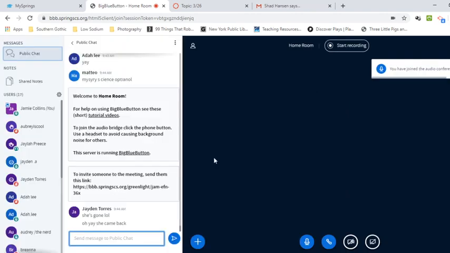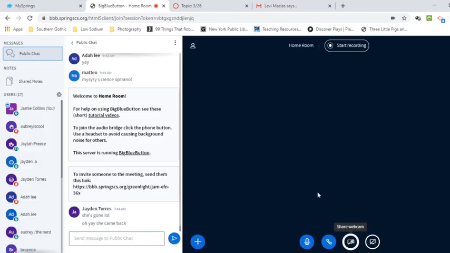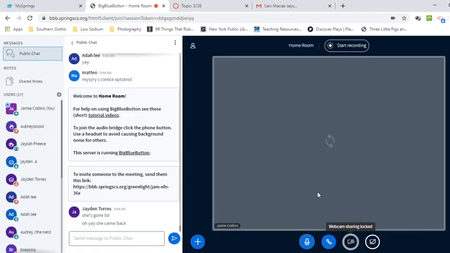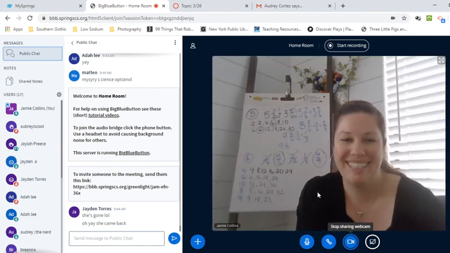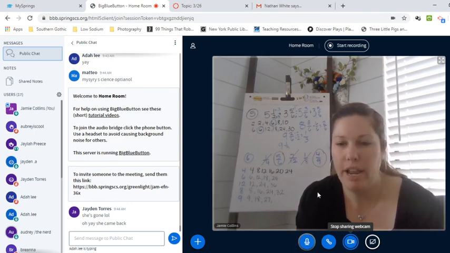You guys see her square where it says users? It says Miss Collins and her microphone is on right now. You left us. Yeah, sorry guys. I had to refresh because my internet wasn't working.